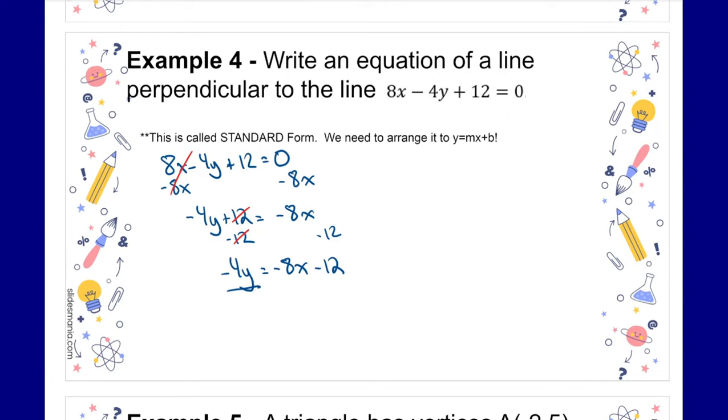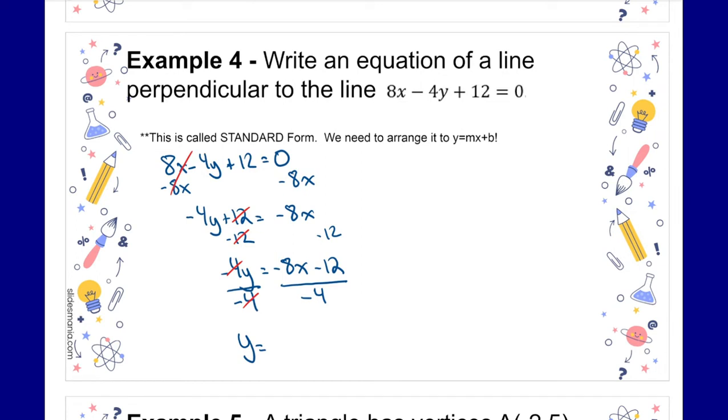Again, going back to previous units, we said that when we have a coefficient and a variable side by side, the operation connecting them is multiplying. So the opposite of multiplying is dividing. So I'm going to divide by -4 on one side, and I'm going to divide the entire other side by -4 as well. One side gives me just y because they cancel out.